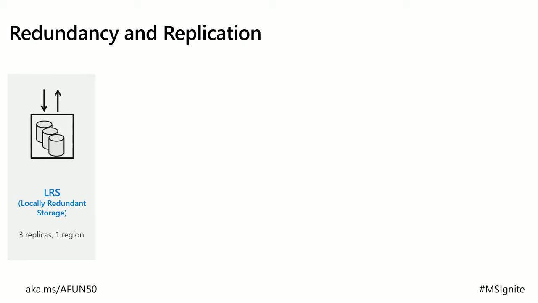Locally redundant storage means that every piece of data is going to have 3 replicas, and all of those replicas are going to exist in a single region. This may be in a single row of a data center inside that region. It may be on different floors in that data center. There's no guarantee as to what the proximity of those replicas is, but there will always be 3 replicas.